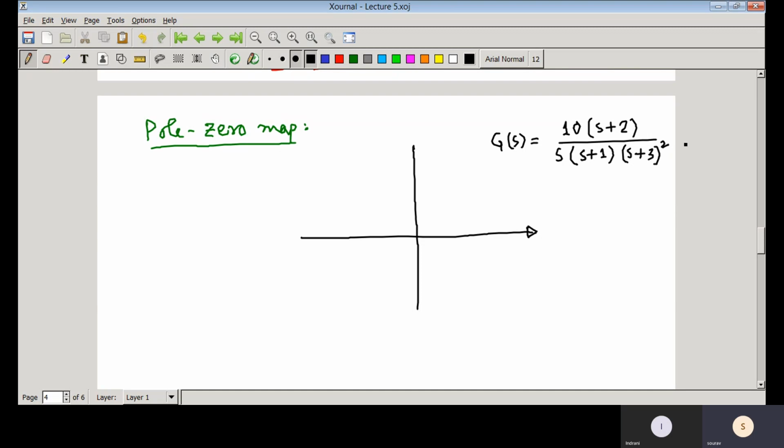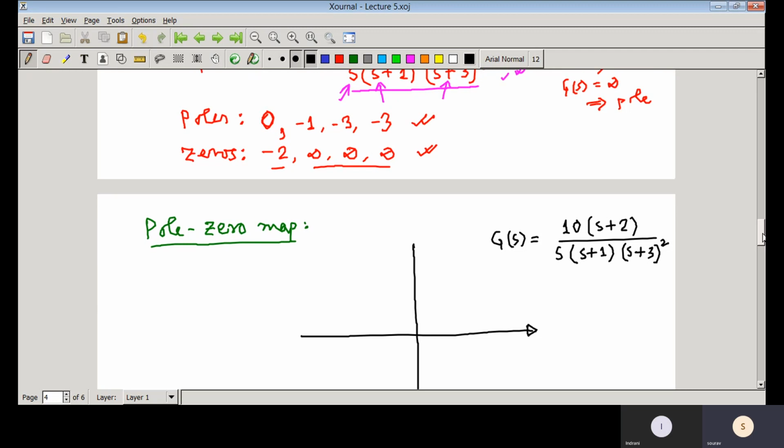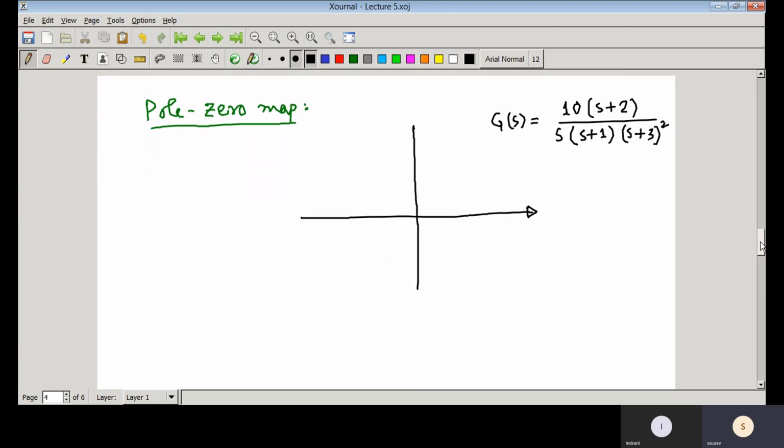So in pole zero map we show the locations of poles and zeros, and those poles and zeros all are the finite poles and zeros. So we do not show the location of poles or zeros at infinite locations. Only we show the location of poles and zeros in finite location.